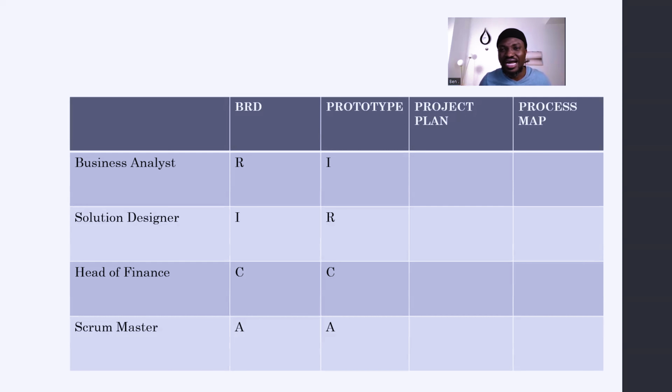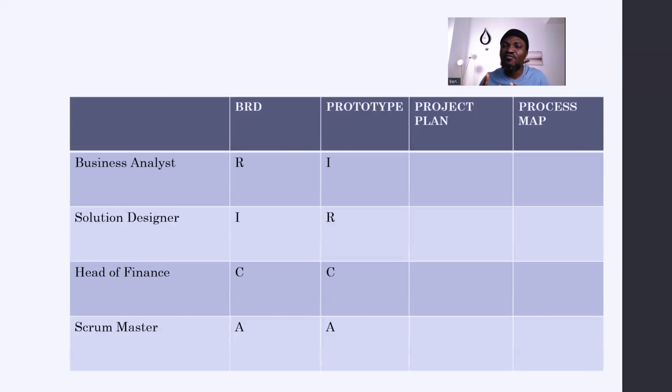And I already spoke about accountable, that is, who is saddled with the primary responsibility of ensuring that the quality of the task done is accurate. And that is, to a large extent, the Scrum Master. Who does the business analyst need to meet in order to elicit these requirements? You will agree with me, we have there the head of finance.